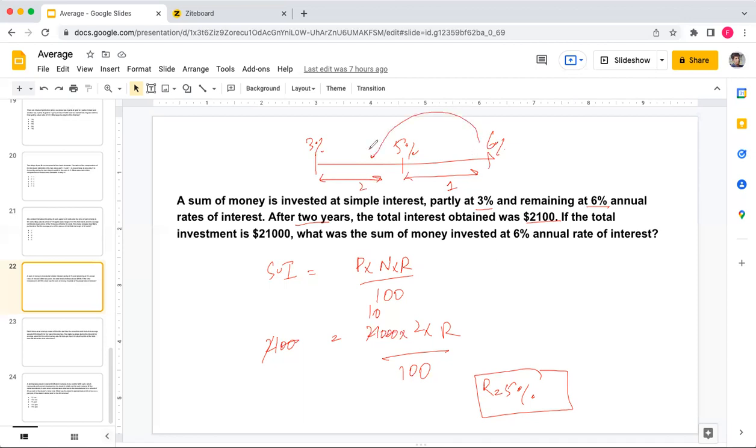So for 6, it is 2x, and for 3, this is 1x. So for finding the total percentage, that will be 2x over 2x plus x, which is 2x over 3x, which is 2 by 3. And total value was how much? 21,000. And whatever your answer is, that will be the amount invested at 6% rate of interest. Isn't this a shortcut method?